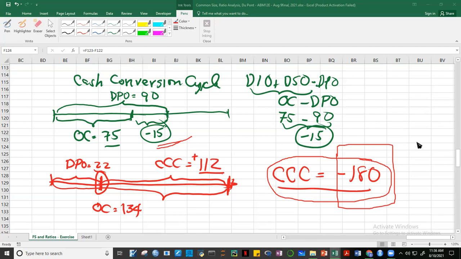Ano ibig sabihin ng negative 180 na cash conversion cycle? Let me see. Bea, nag-answer ka ng yes? What does a negative 180 cash conversion cycle imply? Bakit yes yung answer mo? Hello po. Yes, yes, Bea. I can hear you.